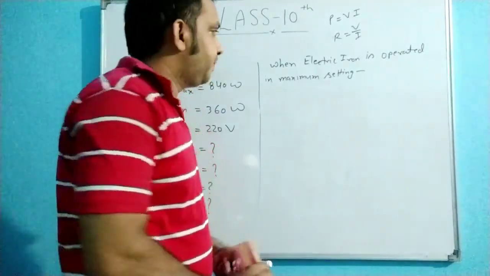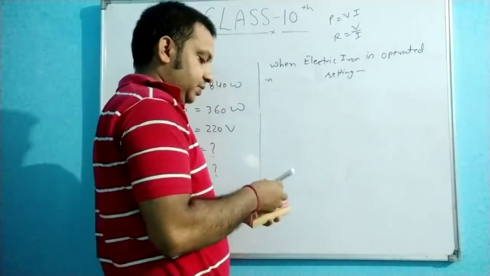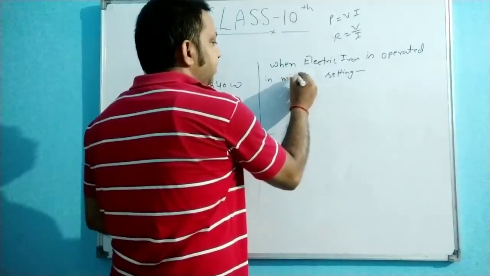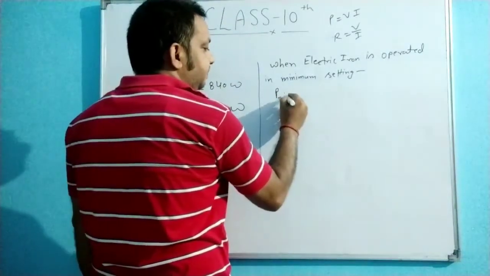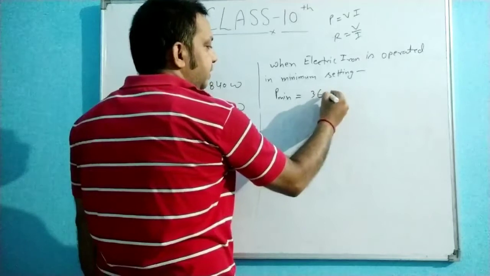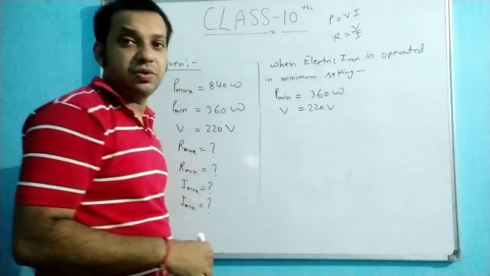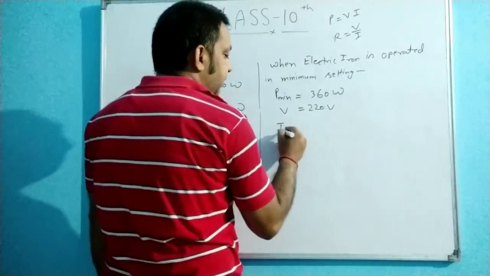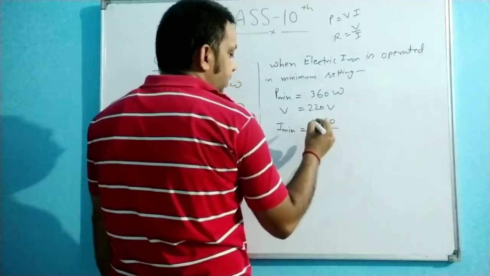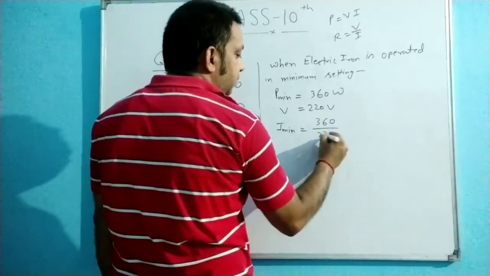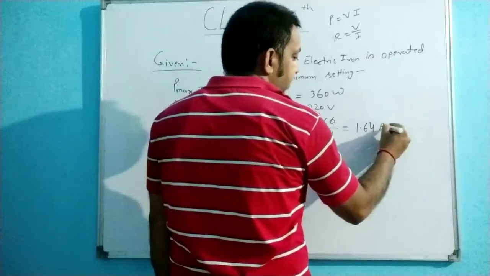So in the second part, when the electric iron is operated in minimum setting, the minimum power is given as 360 watt, and in both cases the voltage is 220 volt. Again the formula: I min is equal to P min divided by V, that is 360 divided by 220. After simplification, you get 1.64 ampere.